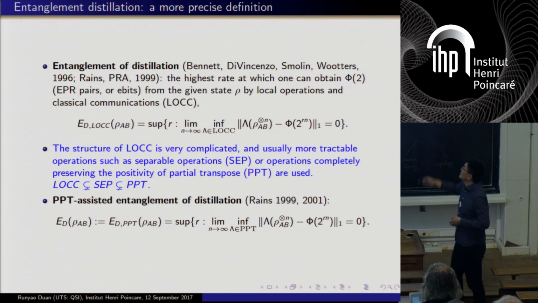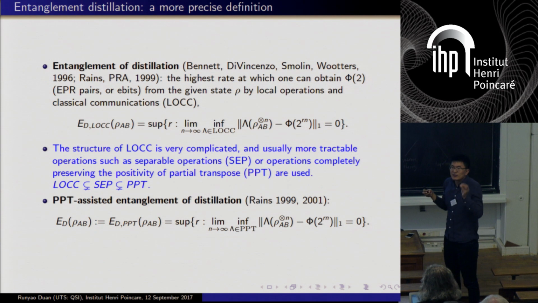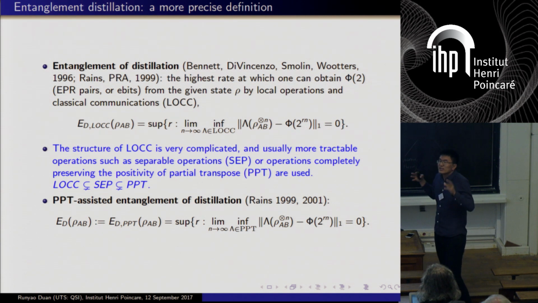It means that if you have n copies of this state, you want to transform it into 2 to the Rn copies of the EPR state, and you use this limiting procedure to make sure the approximation is good enough.